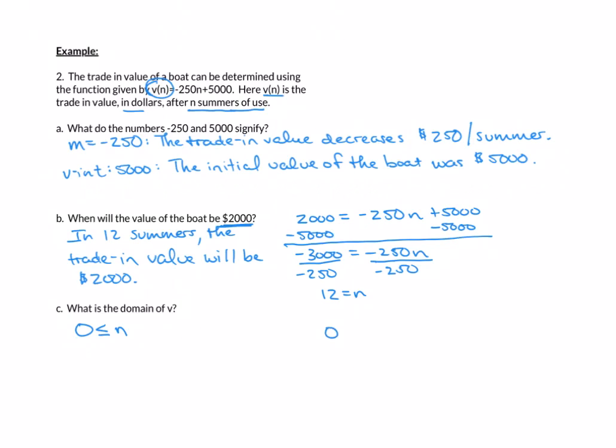So let's go ahead and solve that. I'm going to set this equal to 0 and solve. So we subtract 5,000 from both sides again, and we divide by negative 250.